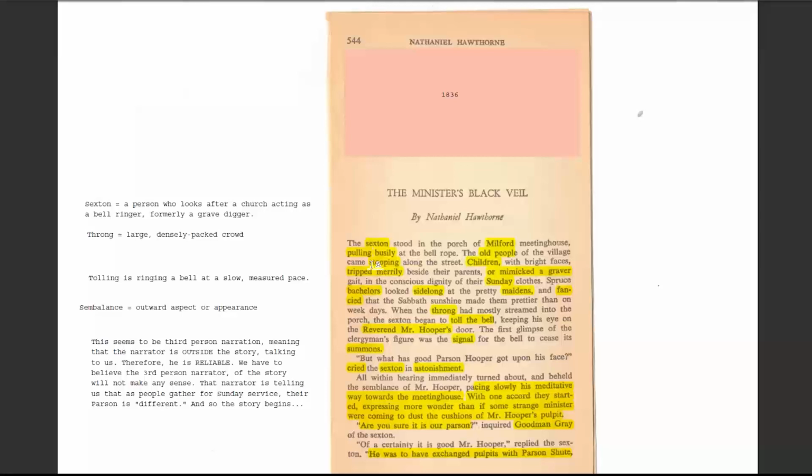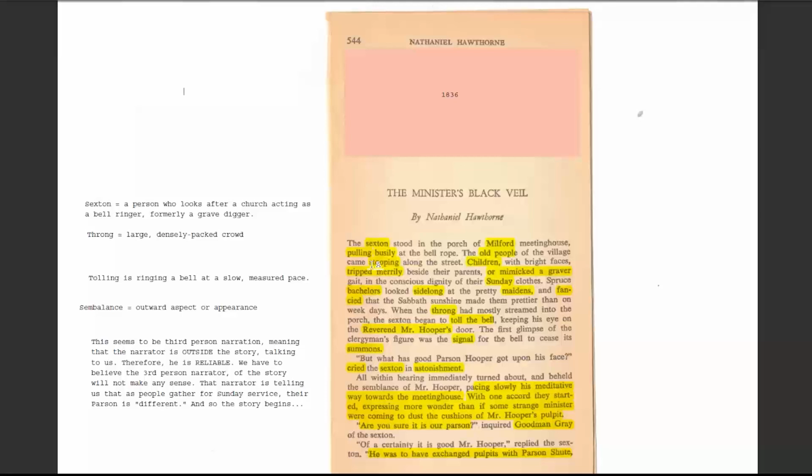This doesn't look like a current scene, right? So if he wrote it in 1836, that's in the past. It's in Milford. There's a lot of Milfords in the country, but we don't know which Milford it is just yet.